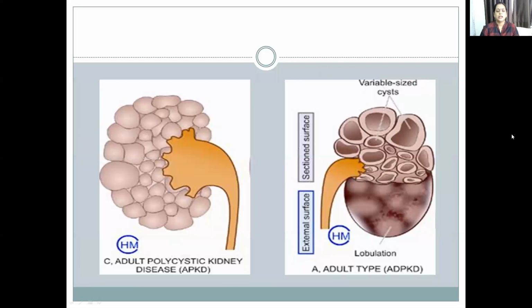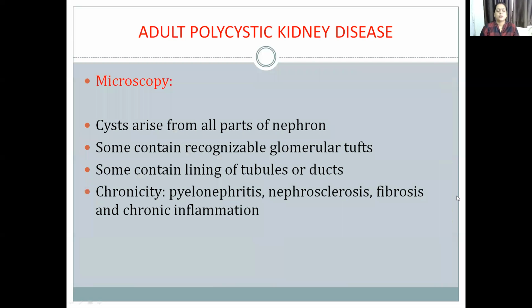So here you're seeing the adult polycystic kidney disease, the lobulations in the form of a figure, and here the variably sized cysts in the hemisection. In the microscopy, even in the cyst, we'll be able to recognize that they arise from all parts of the nephron. How do you recognize that?